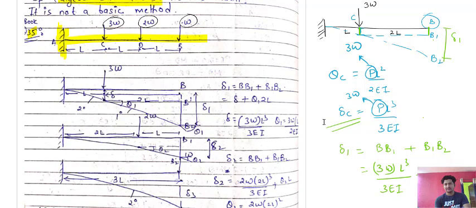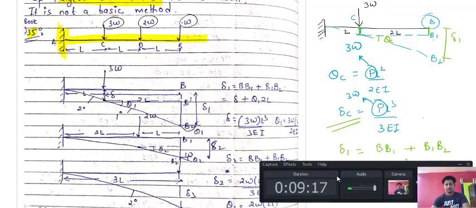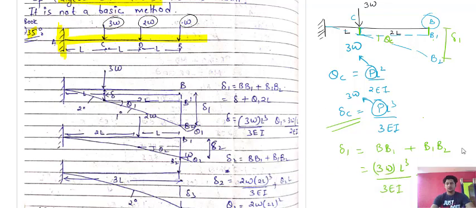Now at C point the slope value is theta C. Now for calculating the value of B1B2, for calculating this value, we can apply the concept of an arc, that this length will be equal to theta C into twice of L. So B1B2 will be theta C into the length, that is 2L.